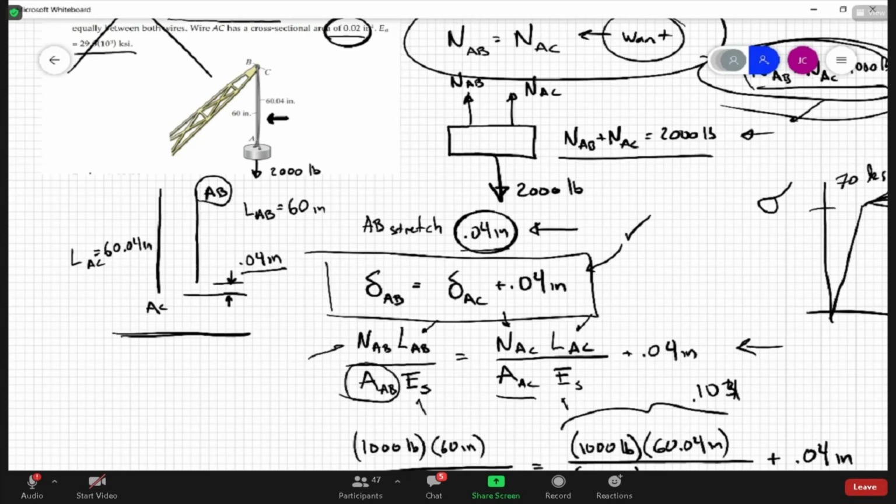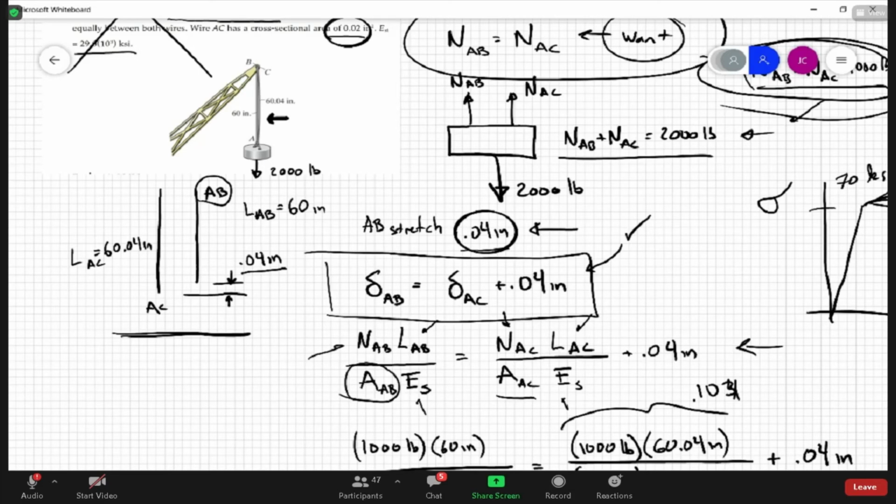So it's going to take all the force until it stretches to the same length as wire AC. Once that happens, wire AC will also pick up some of the load, and the two will now stretch afterwards, okay? So wire AB first has to stretch 40 thousandths of an inch.